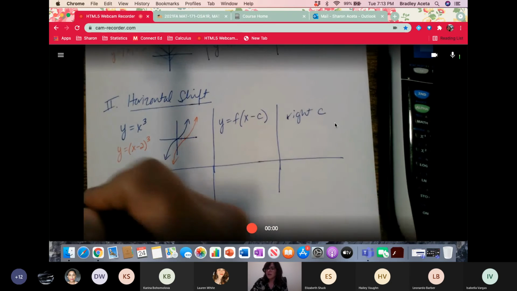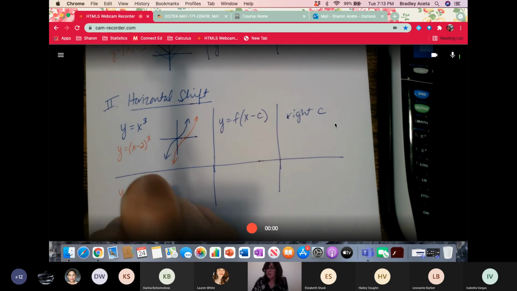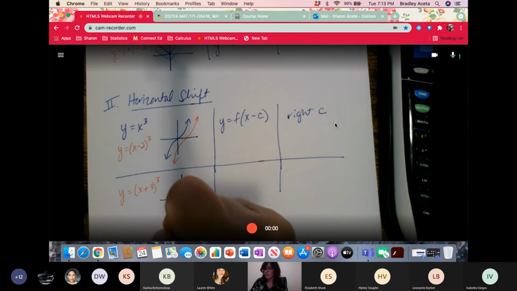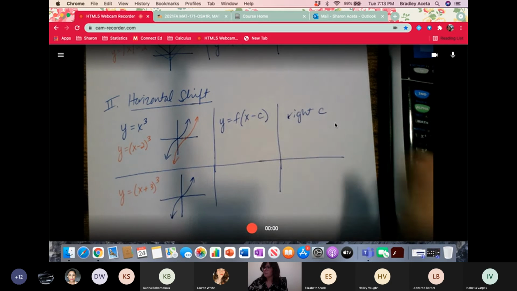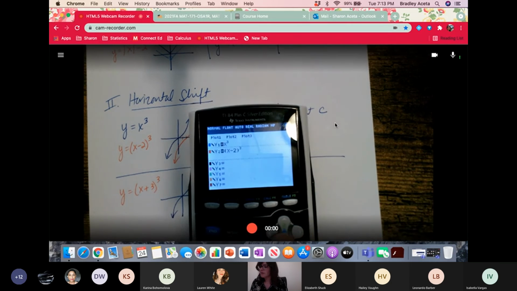What happens then if you add? If I had something like y equals x plus 3 cubed. So again, parent function, what do you think is going to happen? I'll type it here since we already have it listed up here. X plus 3.